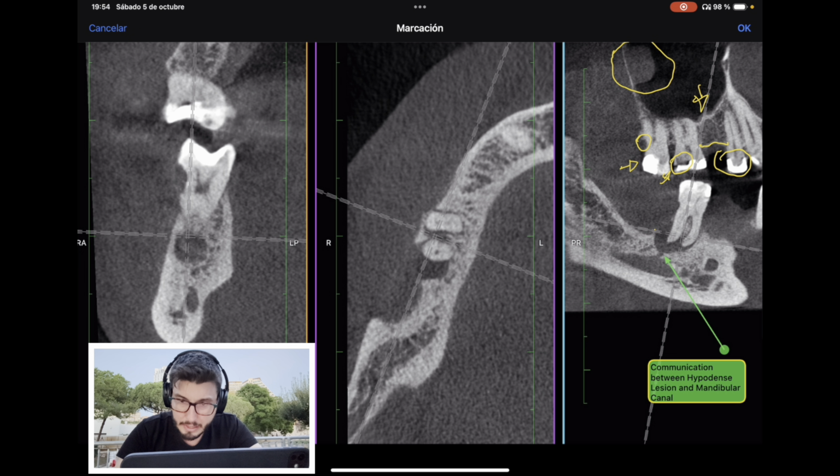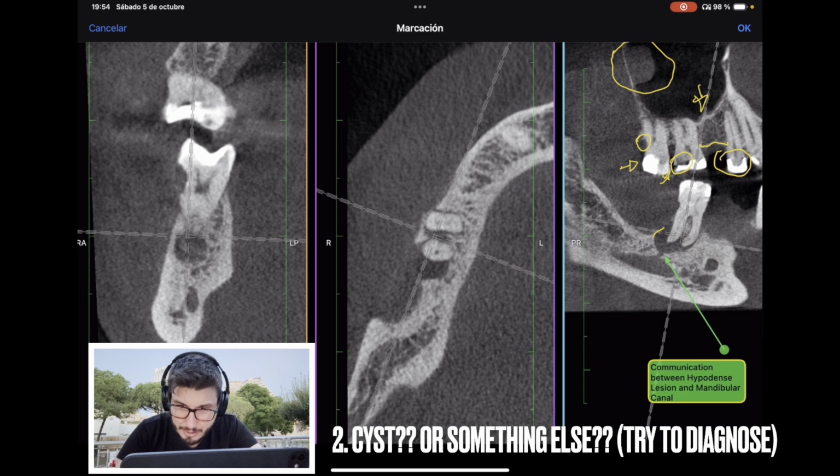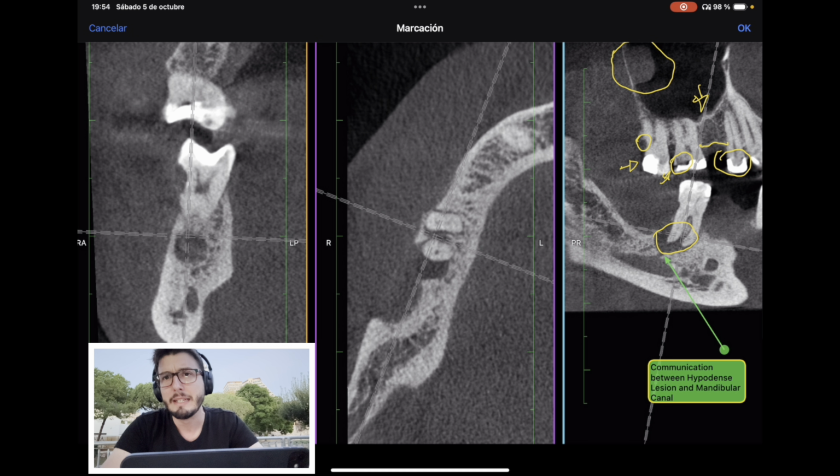Now, I assume that you realize, take a look at this, this is a round-shaped lesion. The lesion is partially round, symmetric, very well limited, and then the first option here would be radicular cyst, associated with an endoperio lesion.